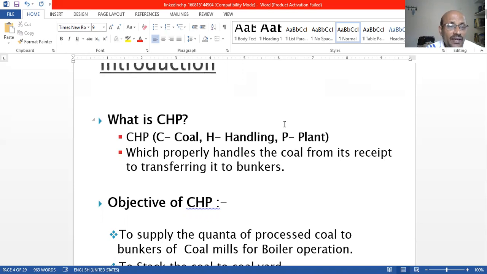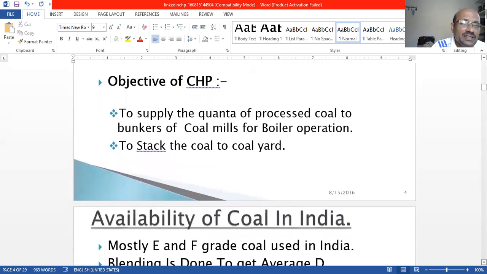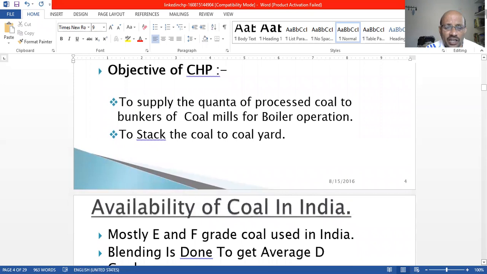What is the objective of coal handling plants? To supply the required quantity of processed coal. We have to process it, because what is available in the earth is a very big energy source that God has given us, and we generate power with the help of it.